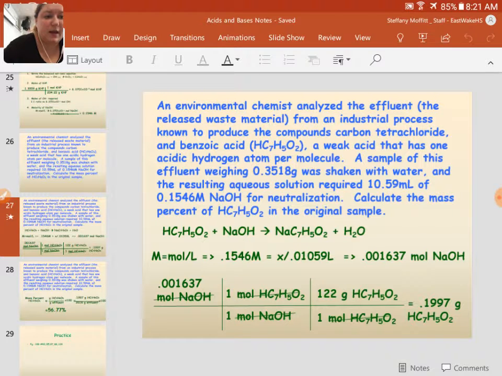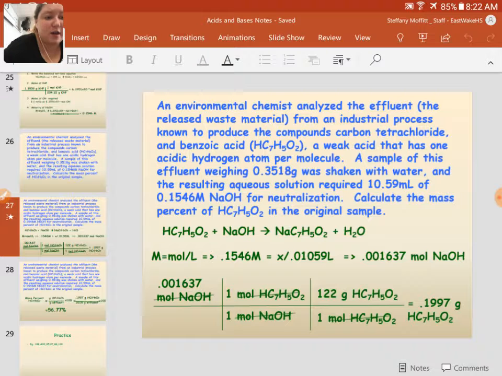So we wrote out the equation. The molarity is moles per liter, which is 0.1546. They told us that in the equation for NaOH. And that's going to equal X over 0.01059 liters. So we're finding the moles of NaOH.